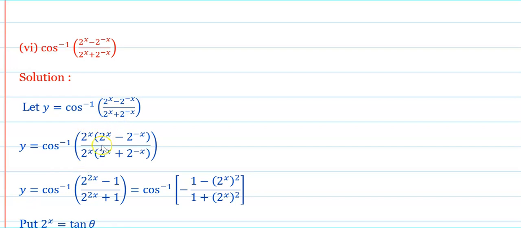2 raised to x into 2 raised to x, then you will get 2 raised to 2x. 2 raised to x into 2 raised to minus x, by the law of indices x minus x, you will get 2 raised to 0, and that is 1.